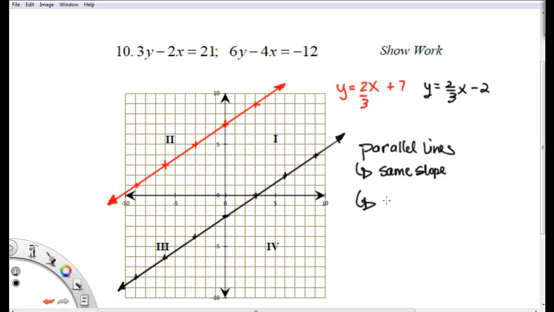Parallel lines never intersect. So if you have a system of equations that have the same slope, they never intersect, so there's no solution.